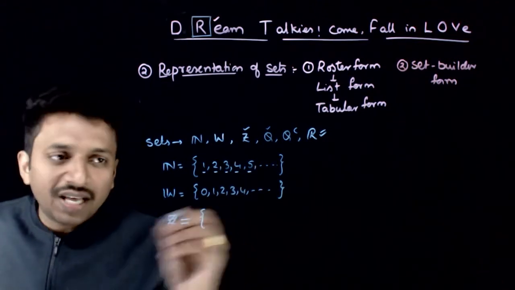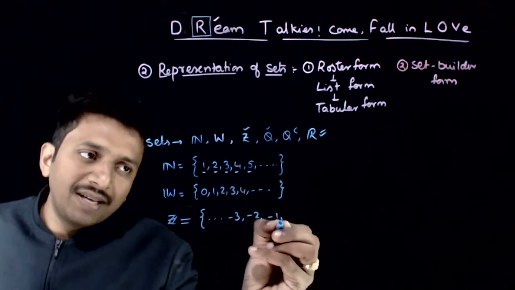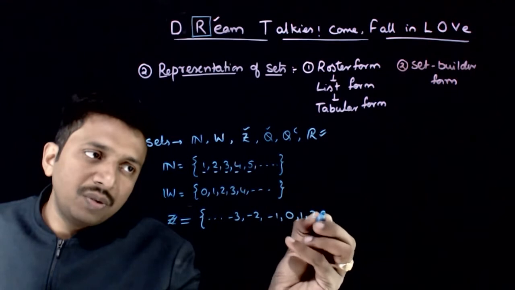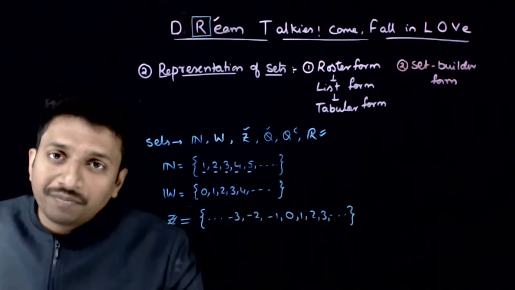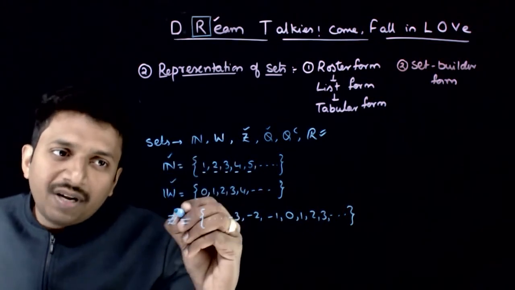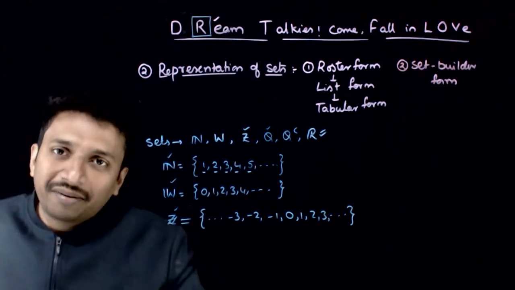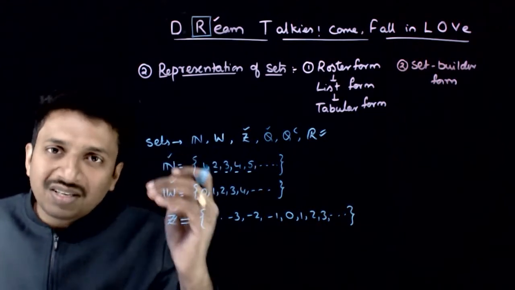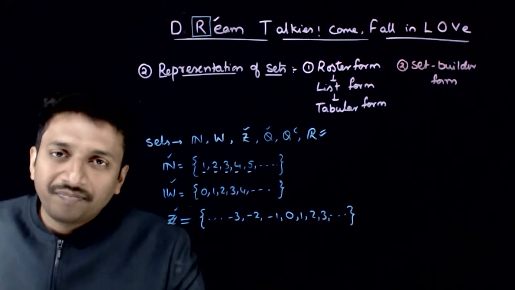The set of integers is so on, minus 3, minus 2, minus 1, 0, 1, 2, 3, again so on. This is a set of integers in roster form. We don't write the set builder forms for these because they are so basic that you need to understand what they are. Using these sets, we write the set builder form for complicated sets.